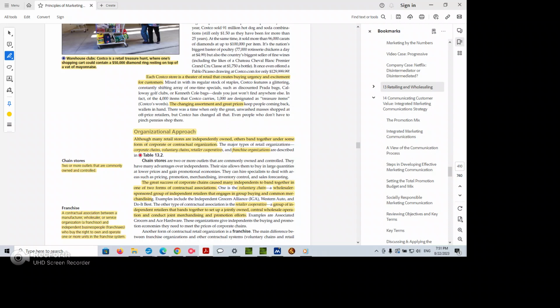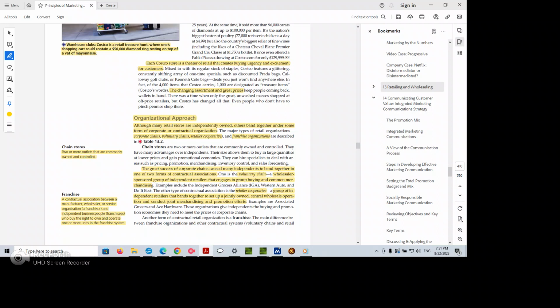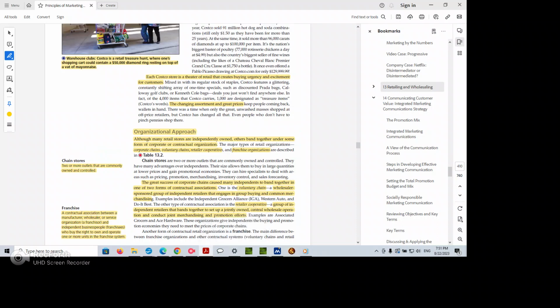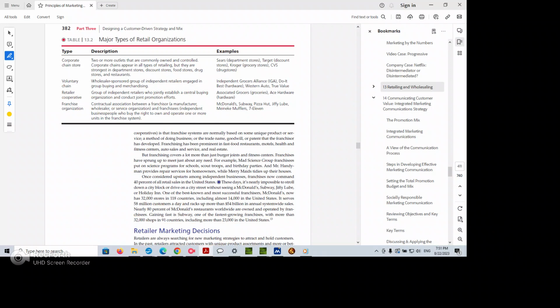Now, another form of contractual organization is called a franchise, which is probably one of the more common ones. The main difference between a franchise organization and the other contractual systems, which are voluntary chains and retail cooperatives, is that franchise systems are normally based on some unique product or service.